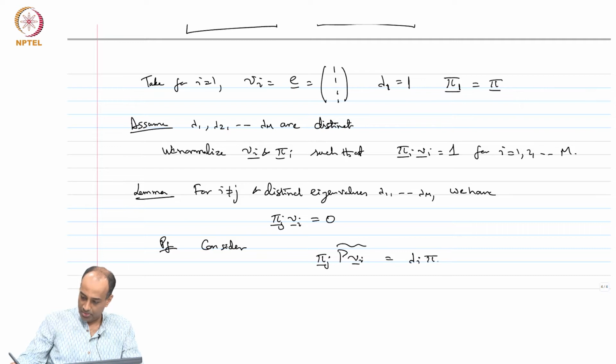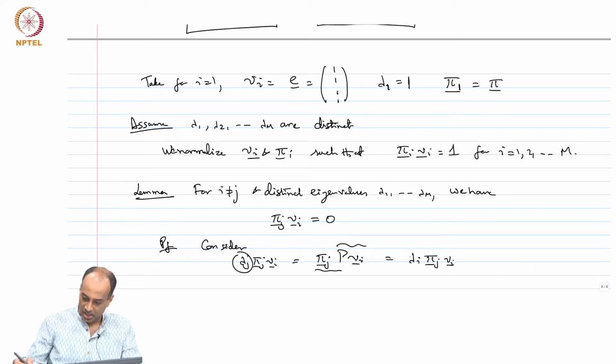So, I can write this as lambda I pi j nu I, and the other way to write this is to take the left eigenvalue equation and write this as lambda j pi j nu I. Okay.